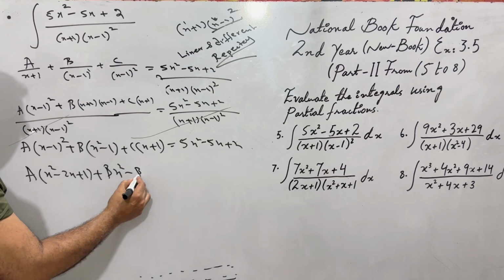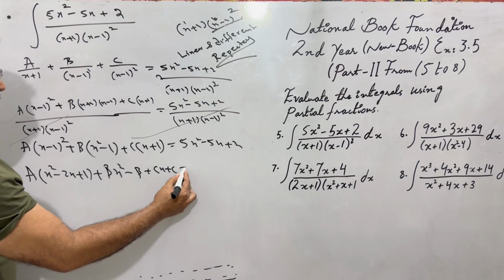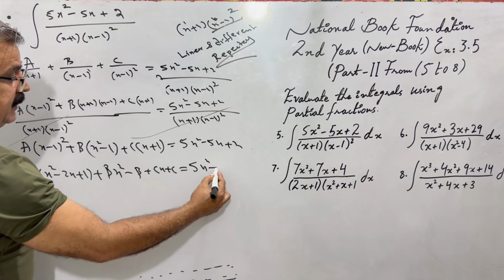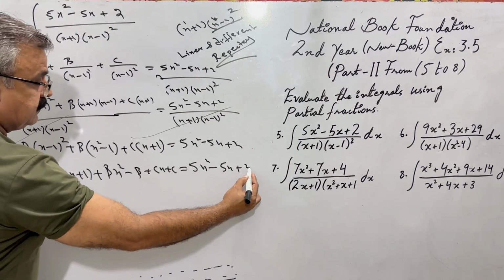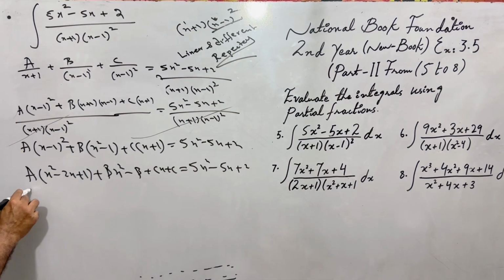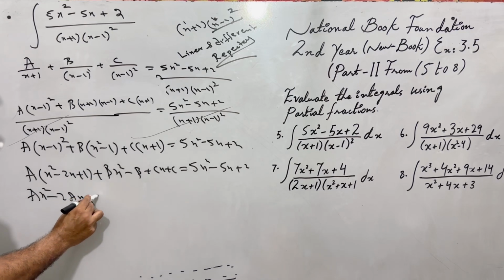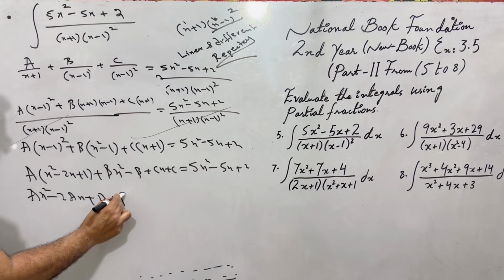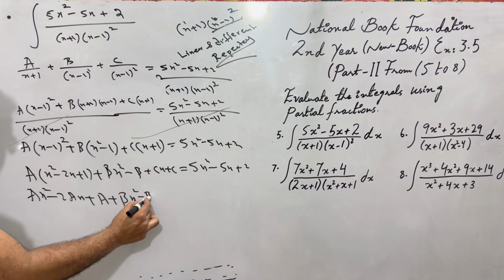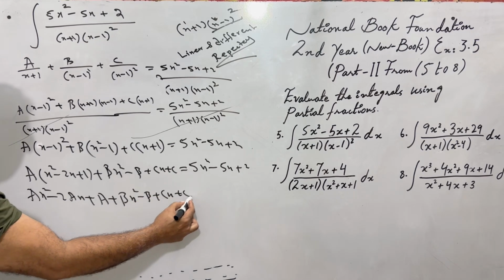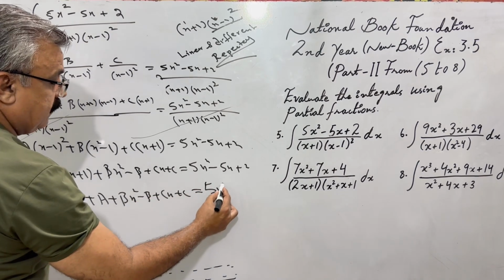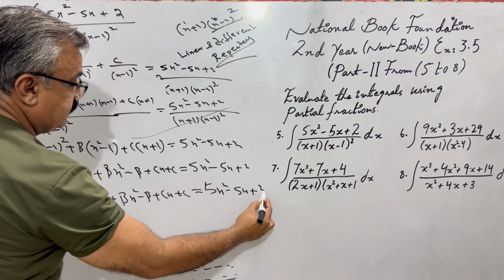Bx² − B, plus Cx plus C is equal to 5x² − 5x + 2. Here multiplying throughout, we have Ax² − 2Ax + A. We have already done this: Bx² − B, Cx + C is equal to 5x² − 5x + 2.